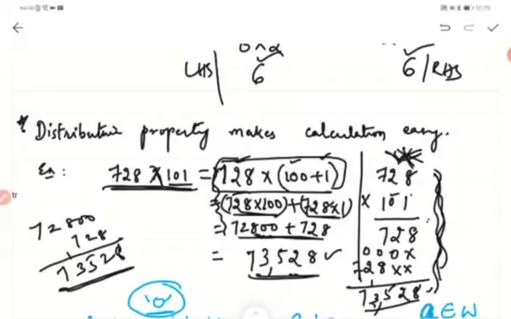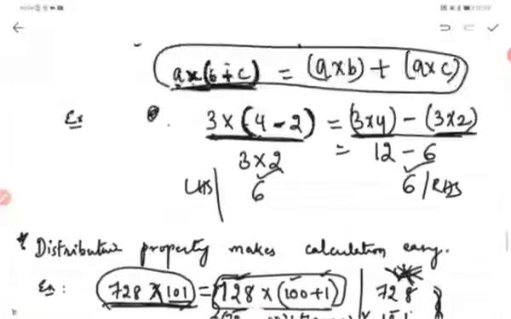So this proves that for any number of such a type, you can use the distributive property to make the calculation very easy. Multiplying with 100 is easy, multiplying with 1 is also easy, and addition is easy, right? This is how you use the distributive property.